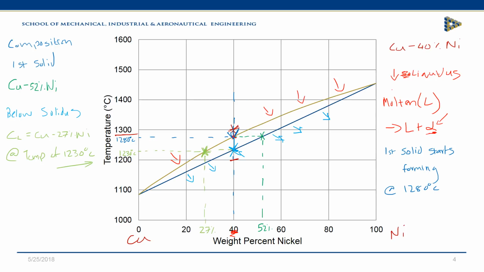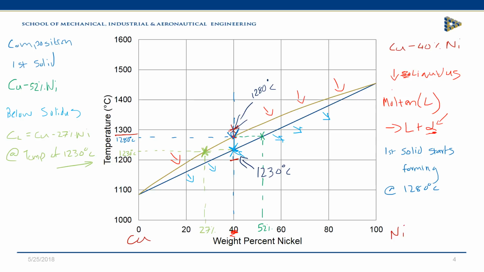Okay. So now we know that the temperature just when the first solid starts to form is about 1280 degrees C. And the temperature where the last liquid starts to solidify is 1230. And interestingly enough, that range has a specific name.